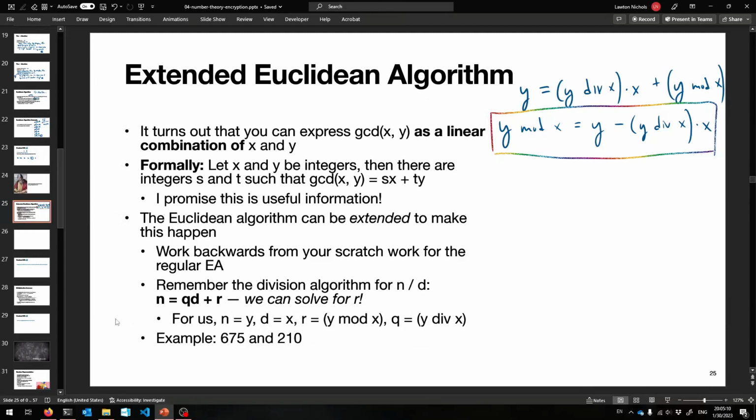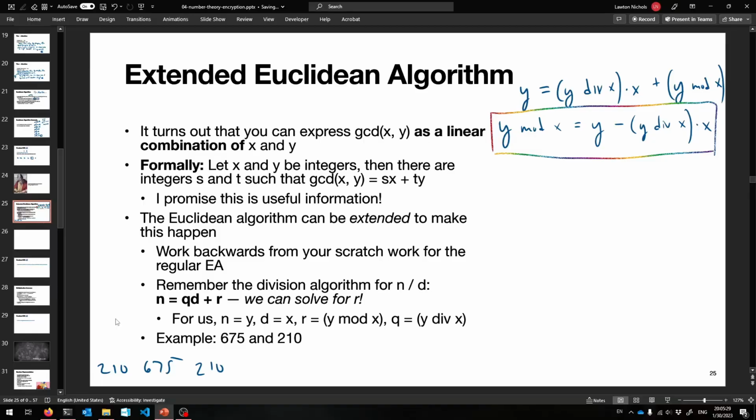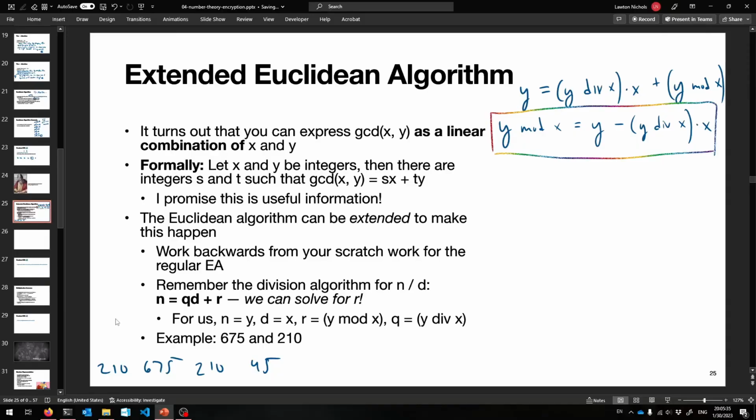So 675 and 210, you write it backwards, 210, 675, and then you just start taking moduluses of the last two things you wrote. So 210 mod 675, they just swap each other. That's 675, 210, what's that modulus? 675 mod 210 is 45. 210 mod 45 is 30. 45 mod 30 is 15.